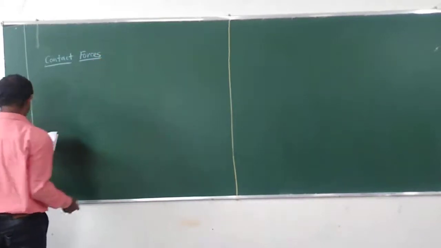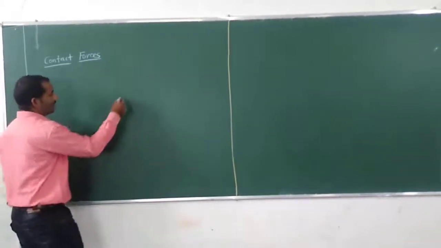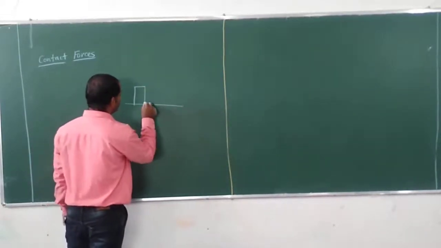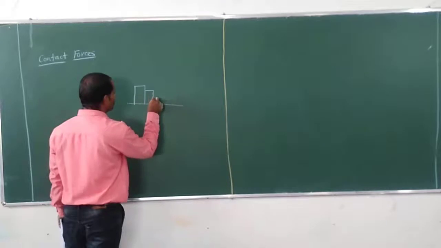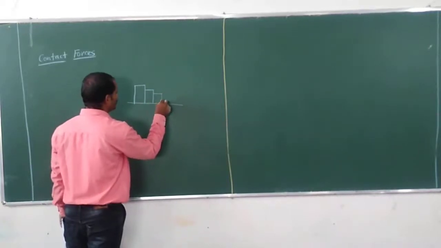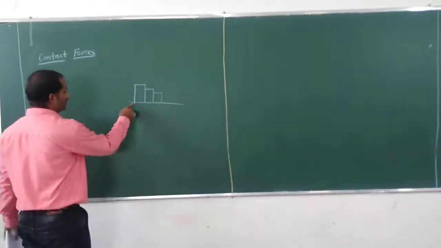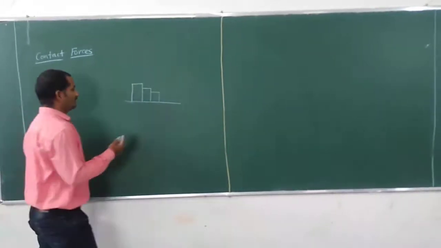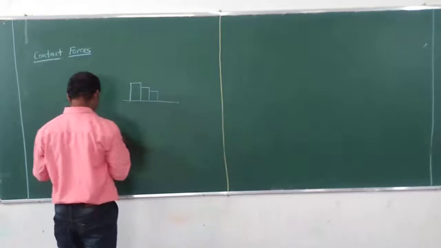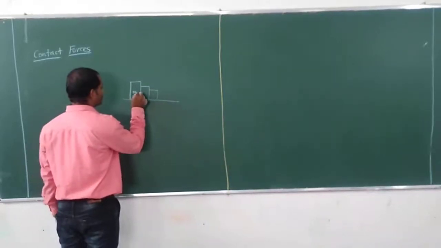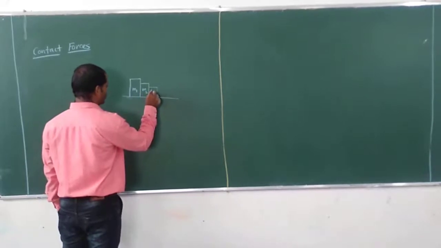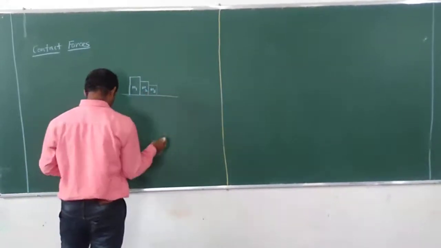Forces, contact forces. तर एक सिस्टीम आहे. समजा this is a system of 3 bodies. तर हे बॉक्स आहेत असं समजा, वेरियस मास असलेले बॉक्स. तर फर्स्ट बॉक्सचं मास आहे m1, सेकंडचं m2 and thirdचं m3.